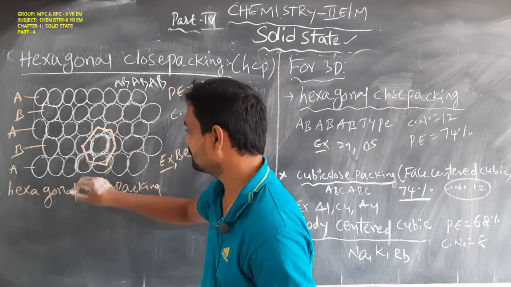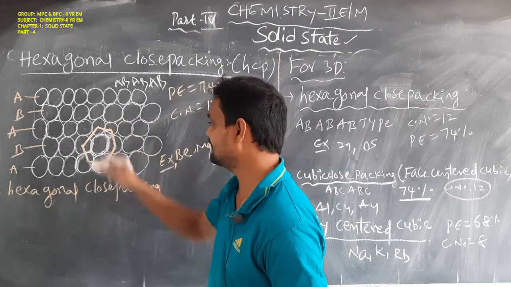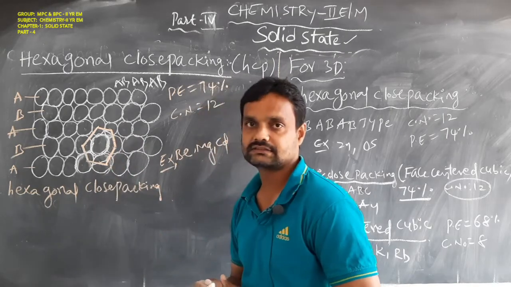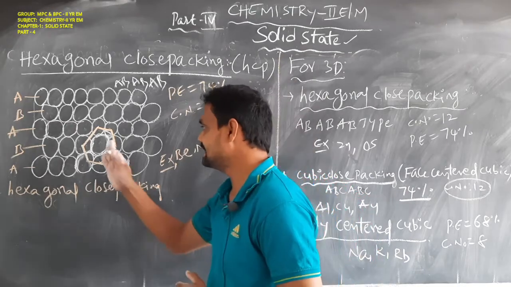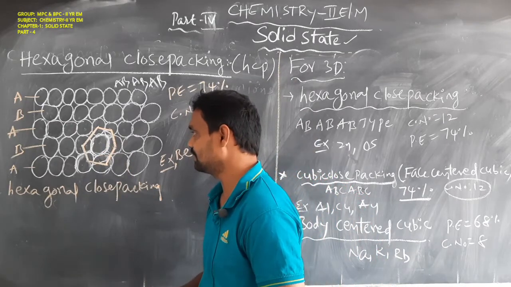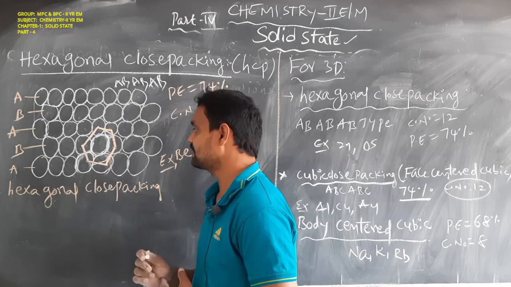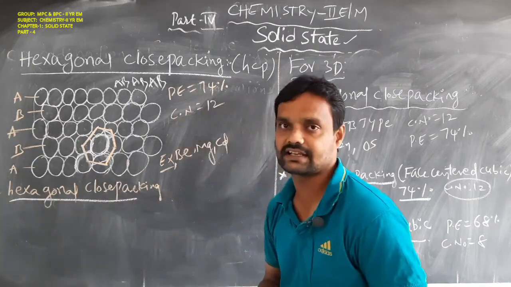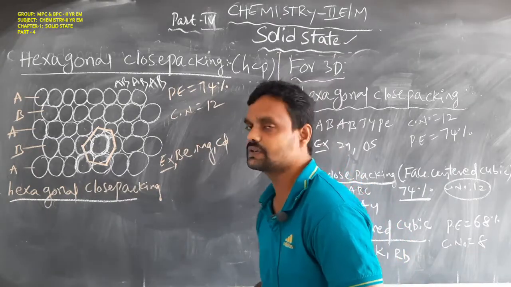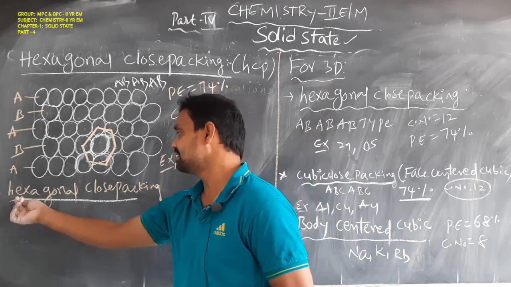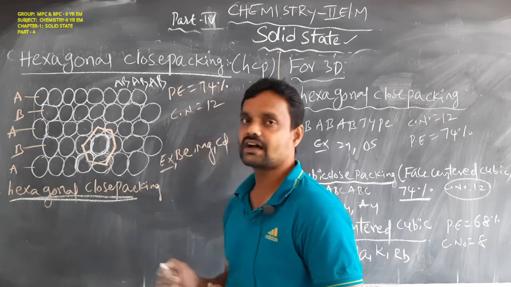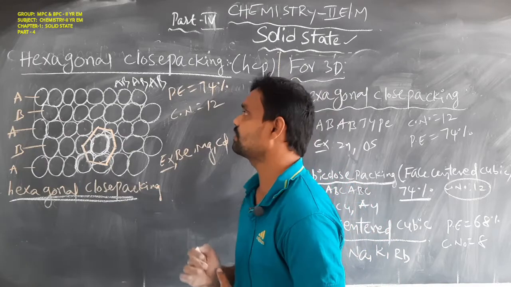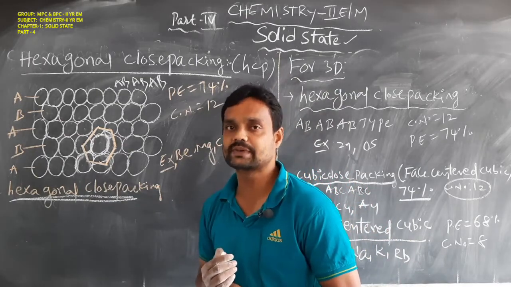So when we draw the diagram, it appears as a hexagon. What does it appear as, students? A hexagon. So this type of close packing is given the name hexagonal close packing. This is the hexagonal close packing in two dimensions.